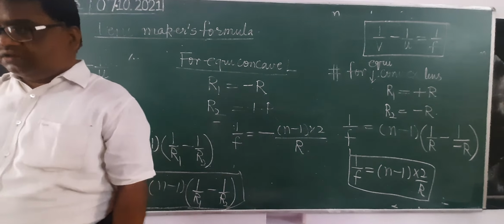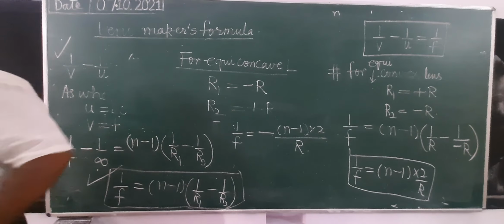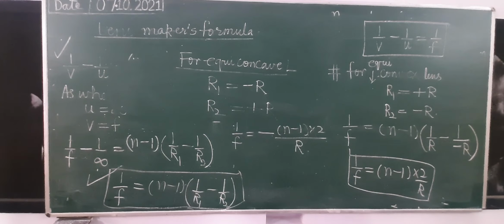So we write: from the lens maker's formula, it is clear that the focal length of a lens depends upon the refractive index of the material of the lens with respect to the surrounding medium, as well as the radii of curvature of both the curved surfaces.